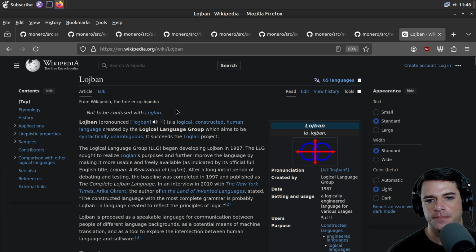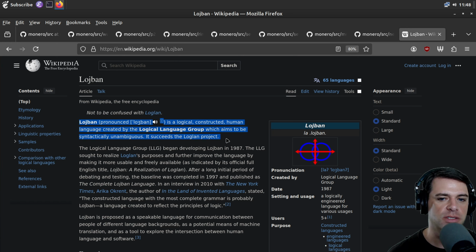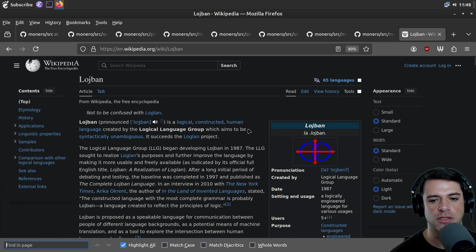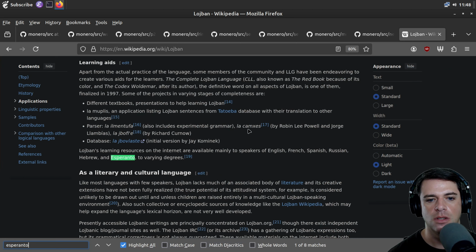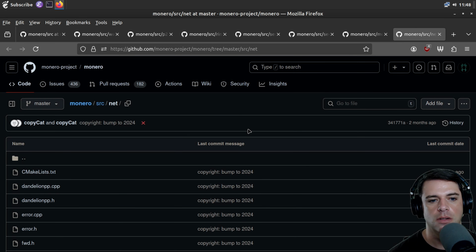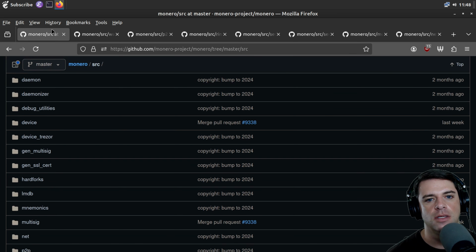Lojban. Lojban is a logical constructed human language created by the Logical Language Group, which aims to be syntactically unambiguous. So it's kind of like Esperanto. Huh. Okay. Some intentionally constructed language.